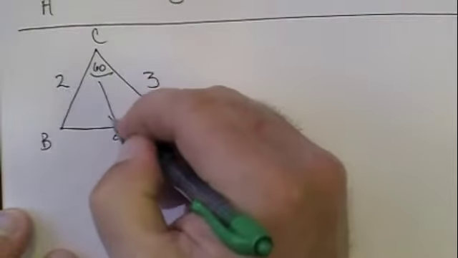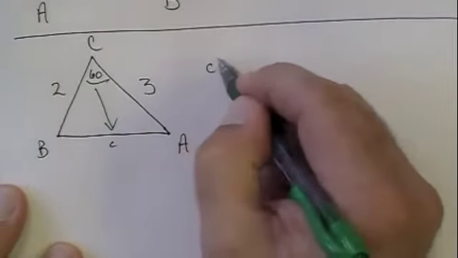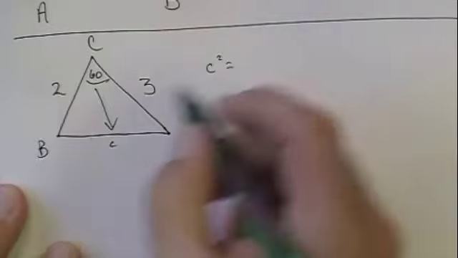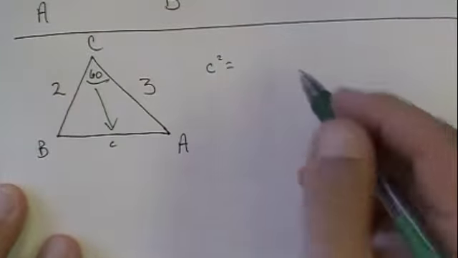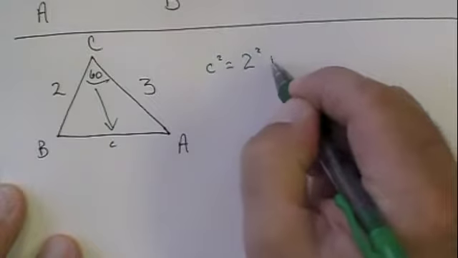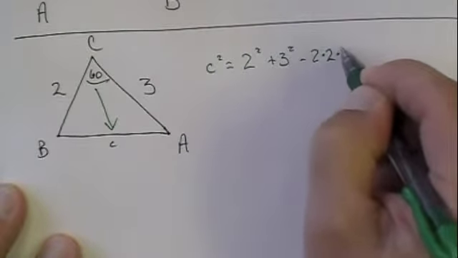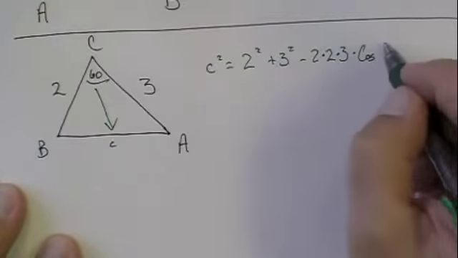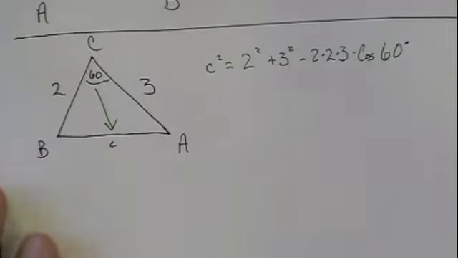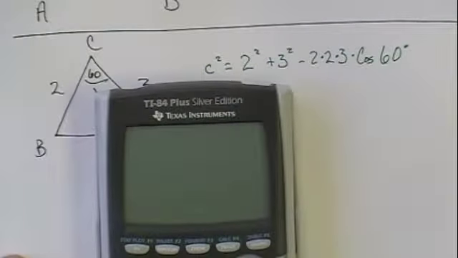Given this angle, side C is opposite, so as I set this up, I have C squared is equal to, and it doesn't make a difference which one we say is A or B because we're doing the same thing to both, 2 squared plus 3 squared minus 2 times 3 times the cosine of angle C, which is 60 degrees. Now in this scenario, we can plug that whole thing into our calculator.